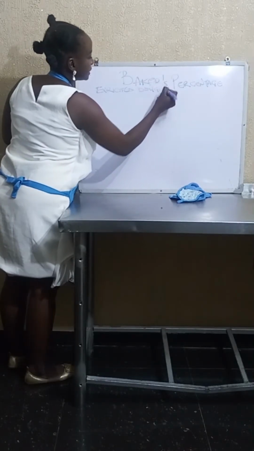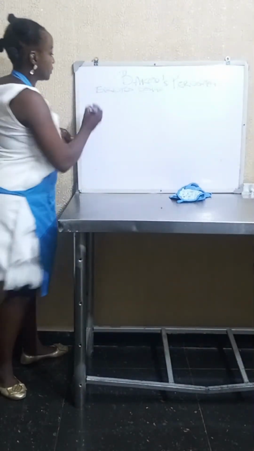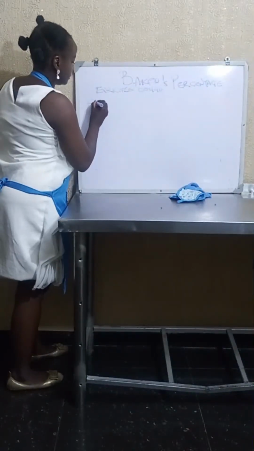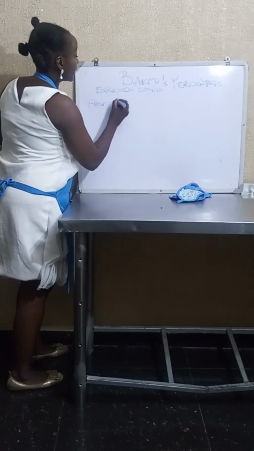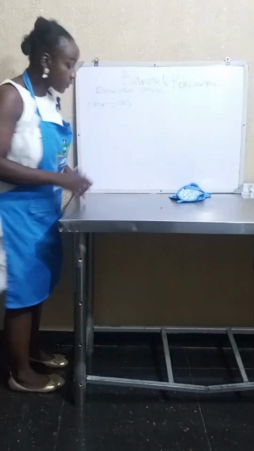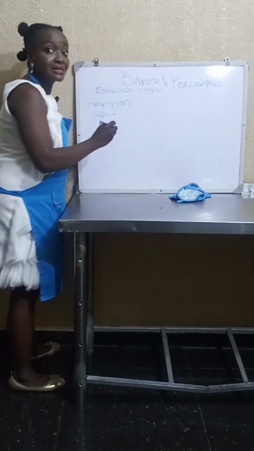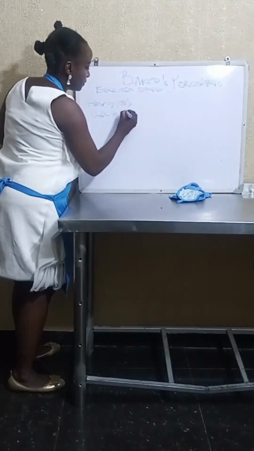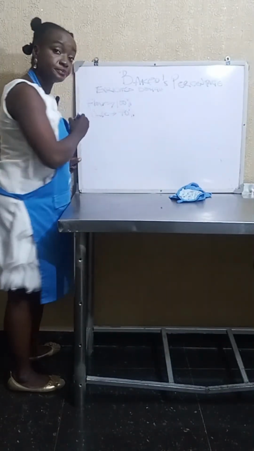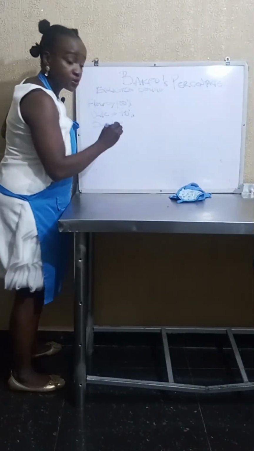An enriched dough is a dough that does not have just the four basic ingredients. It has more. So it contains flour, which is always 100%. Water for the balanced dough is 70%. Salt, still 2%.